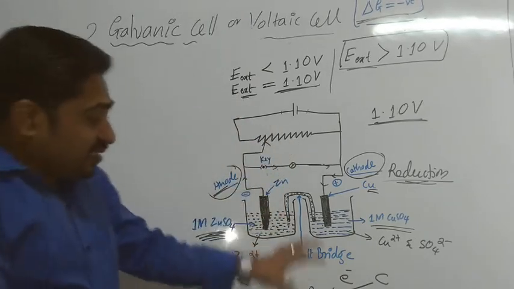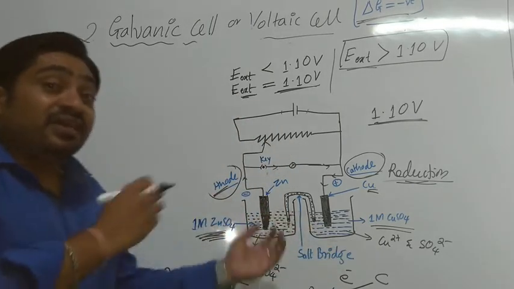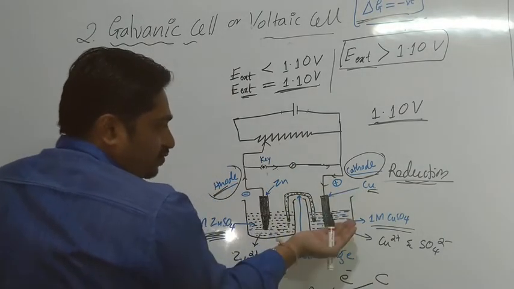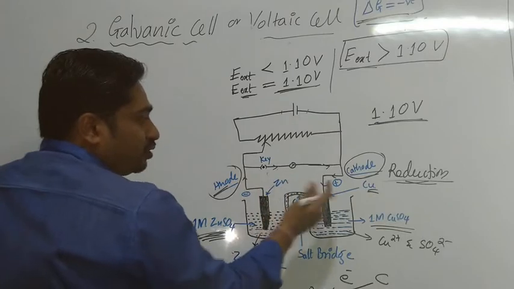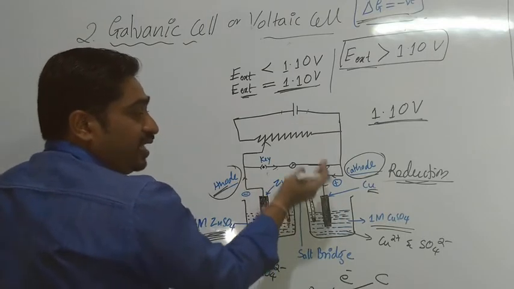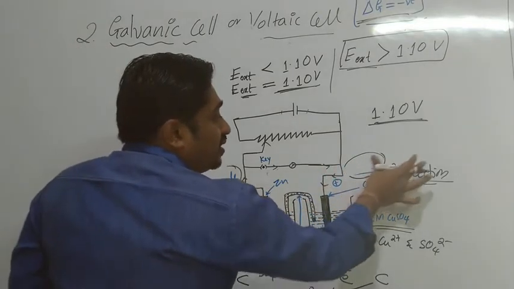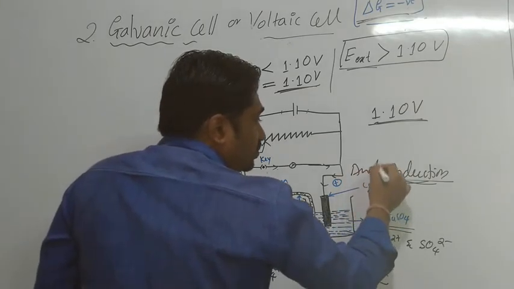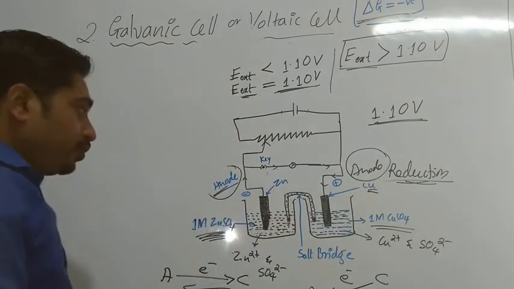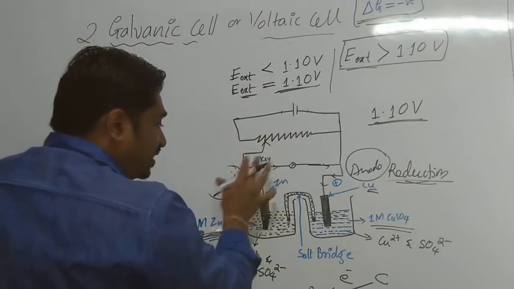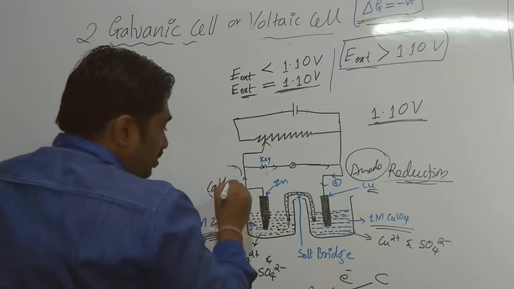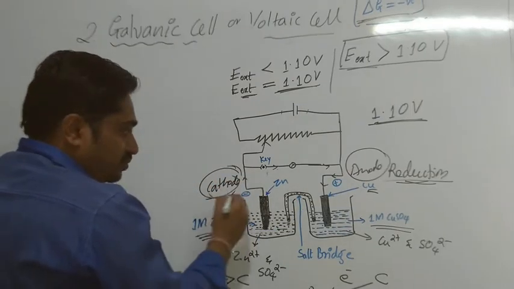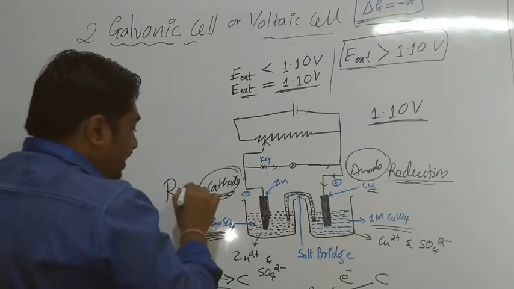See, the chemical reactions are exactly reversed. Now electrons are moving from cathode to anode, from the copper electrode to the zinc electrode. Electrons are released from the copper, so the copper electrode behaves as the anode and the zinc electrode behaves as the cathode.